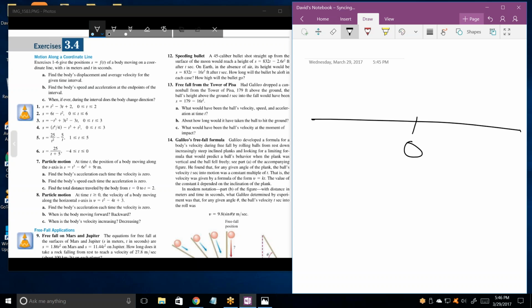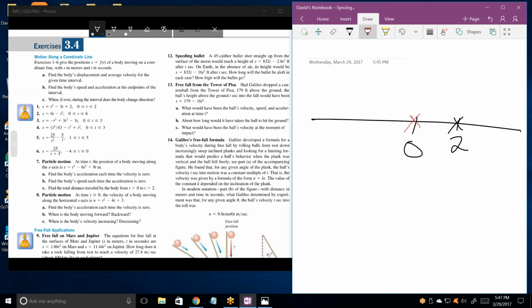What is s if t equals 0? 2. Okay, so that's where we're starting from. Where do we end? Plug in 2 for t. 4 minus 6 plus 2. So that'd be 0.